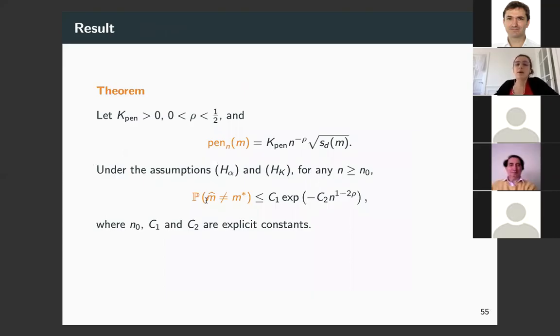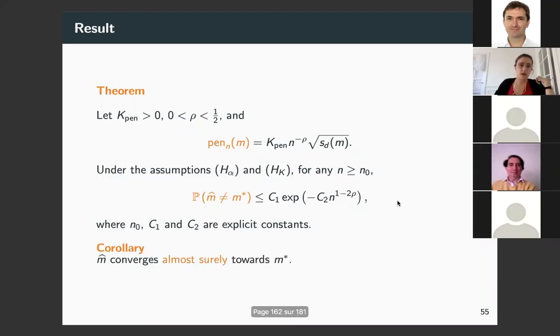Then I am able to show that for a specific penalty, which is basically the square root of the size of the signature divided by n to the rho, with rho just smaller than a square root, so just a little bit smaller than the square root of d to the m over n, under all the assumptions, the probability that we take the wrong truncation order decreases exponentially with n.